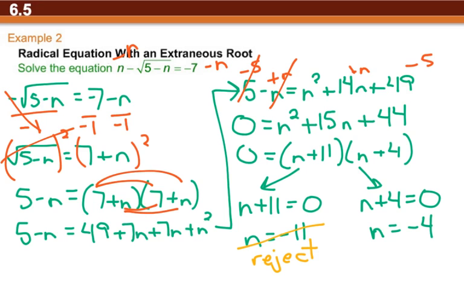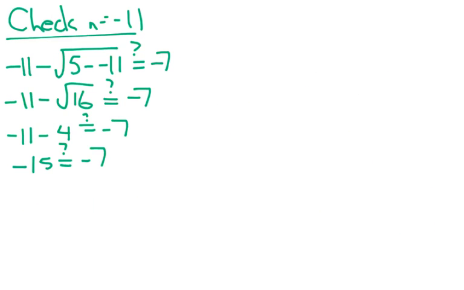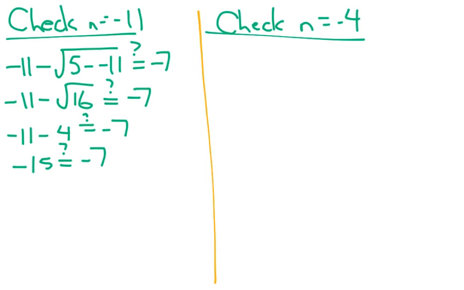Now, just because we reject one doesn't mean that the other one is automatically a valid solution. We do still need to check it. Substitute in negative 4 in for n, just as we did with negative 11.